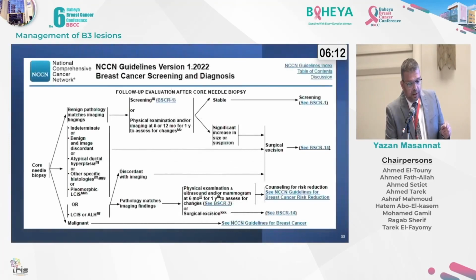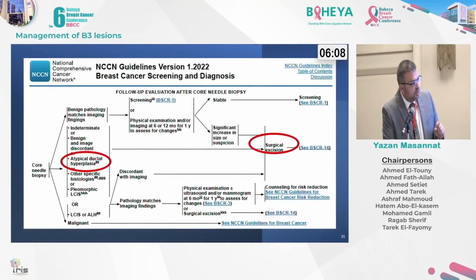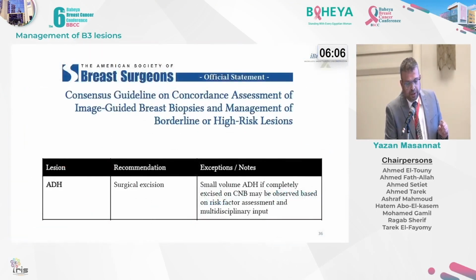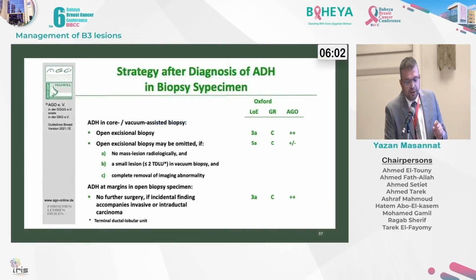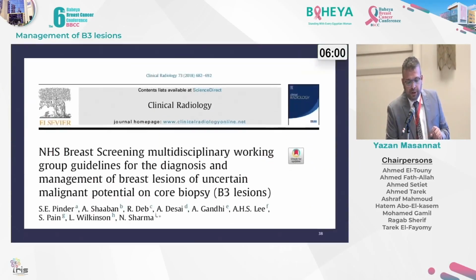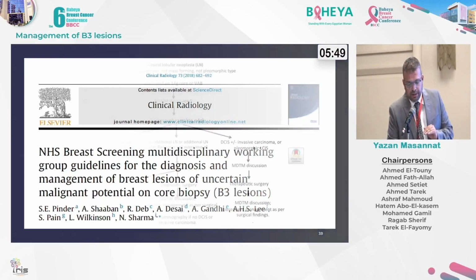But if you look at the NCCN guidelines, they still do surgical excisions. The American Society guidelines, they still do surgical excisions. The Germans still do surgical excisions. And it's mainly the UK that is doing less and less surgery. But in the follow-up, if you have a large volume excision, you're less likely to be missing something sinister.